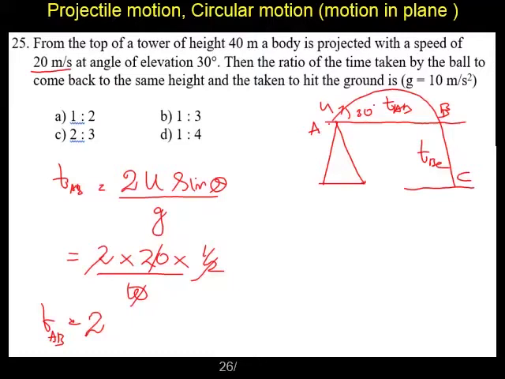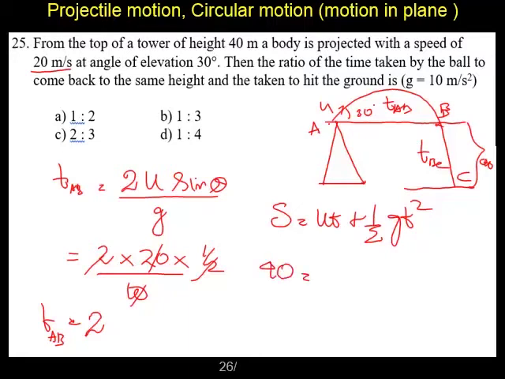Now from B to C it is simply falling. It is not falling as a projectile but as straight line motion, so we can use the formula S equals ut plus half gt square, where t is the time taken from B to C. The height here is 40 meters, so S is equal to 40.